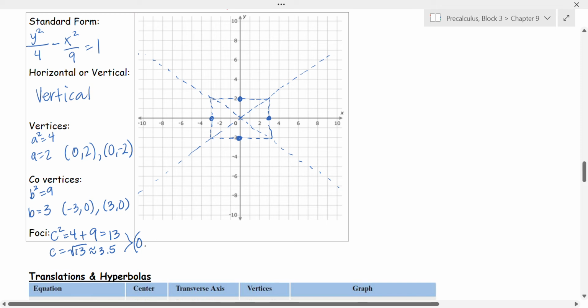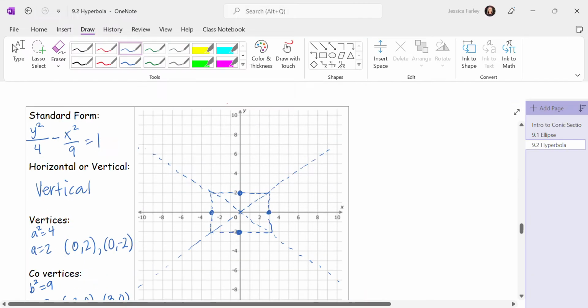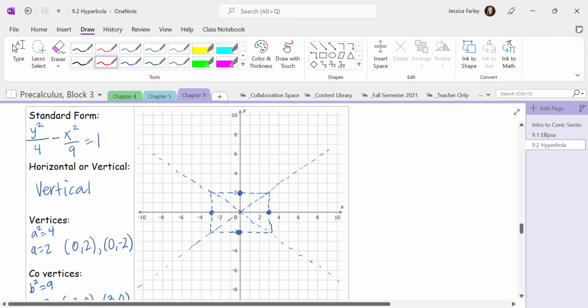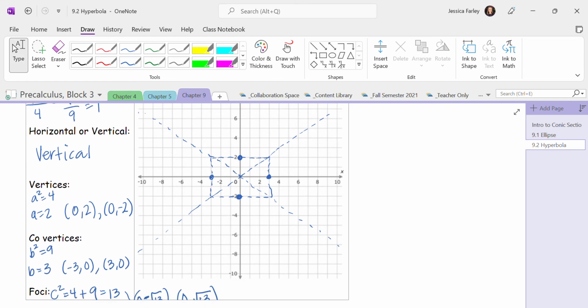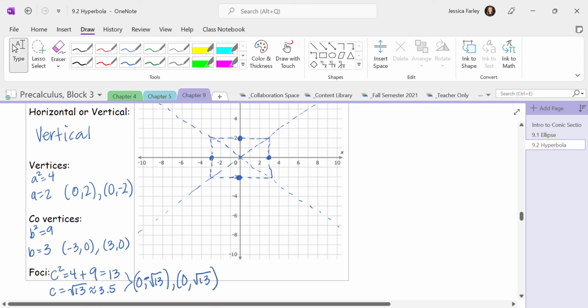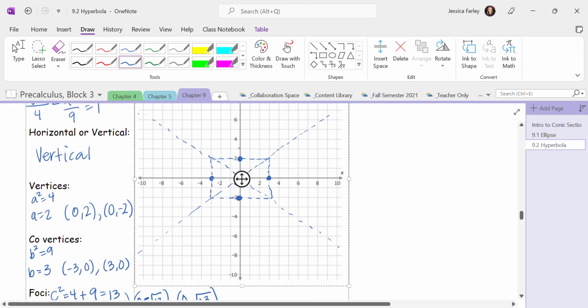So (0, negative square root of 13) and (0, positive square root of 13). And I'm going to use a different color to draw the hyperbola just so you see it better. Oh, let's not forget our foci. So at 3.5, there you go.